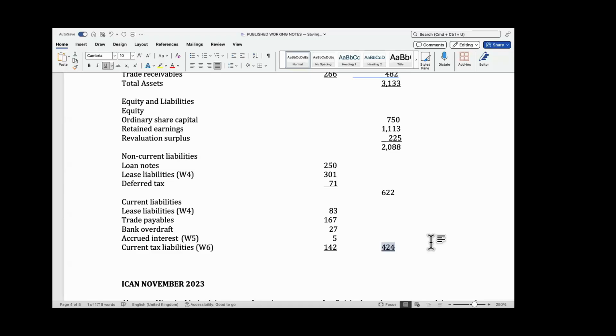Add it to 622 and 208. I have 3134. I think the approximation is yes. 3134. Okay.